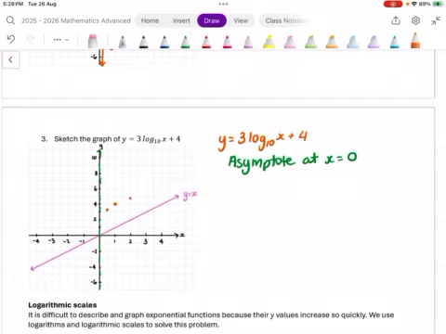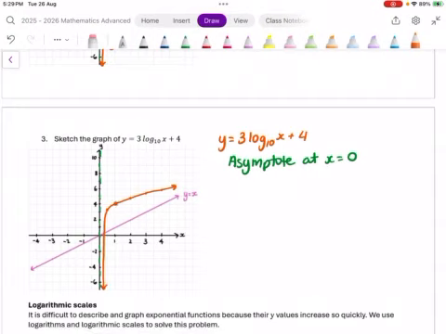When I substitute in 3, I get 5.4, so just above 5. And when I substitute in 4, I get 5.8, so just below 6. So we have our logarithmic function looking like so.